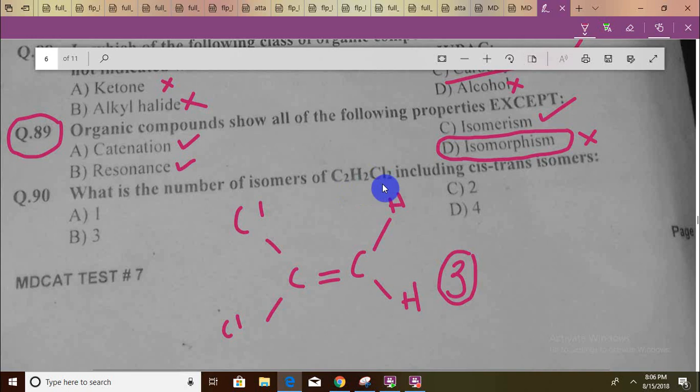Now we have done the cis-trans. Is there any chance of optical? There isn't. Chain, definitely not. Position isomerism, yes, if we put them on the same side or on different sides. What about functional group isomerism? Unlikely. Answer should be 3.